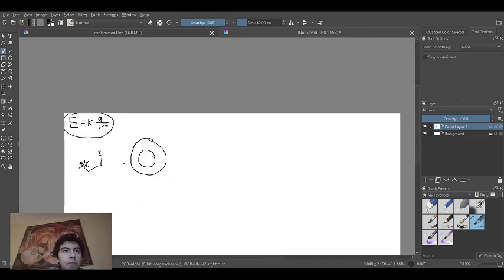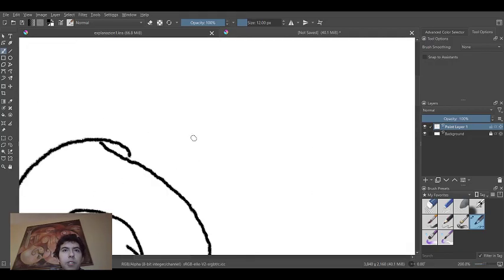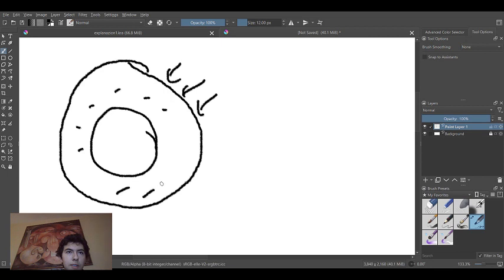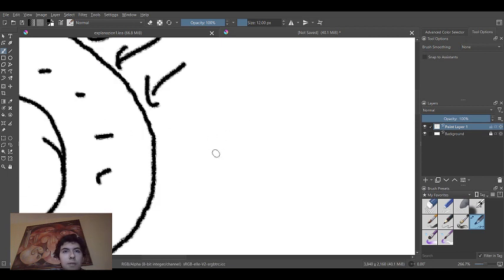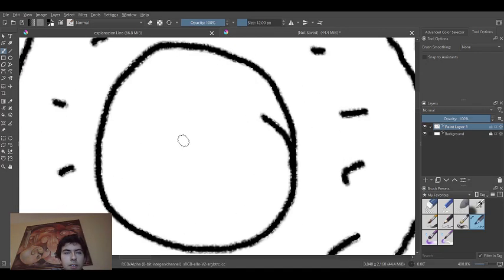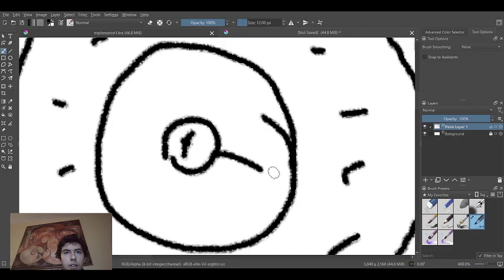But here, what we have to do is that we would see the lines over, if this is charged negatively. Let's say this is a donut with a negative charge on its surface. It would be attracting all points with a positive charge to its surface, even if they were in here.